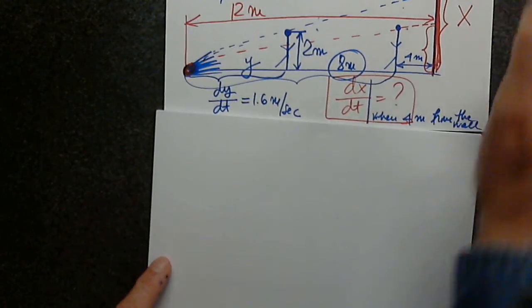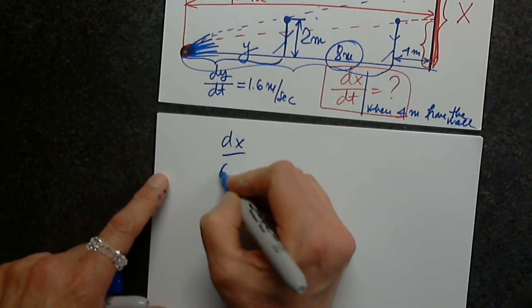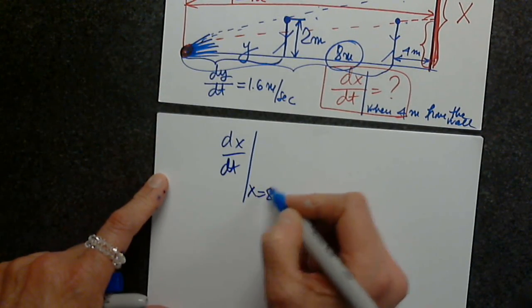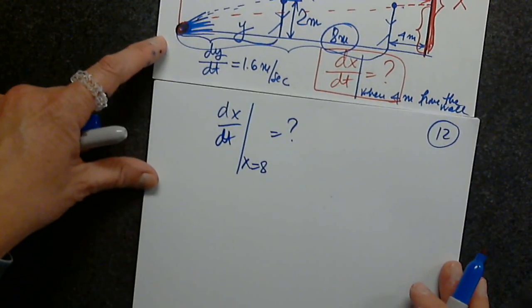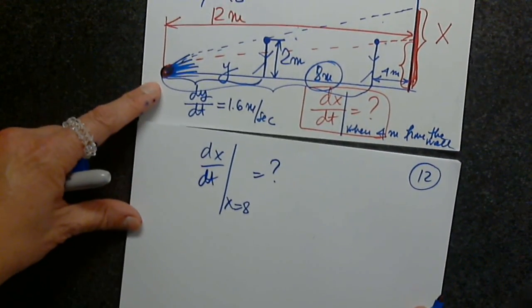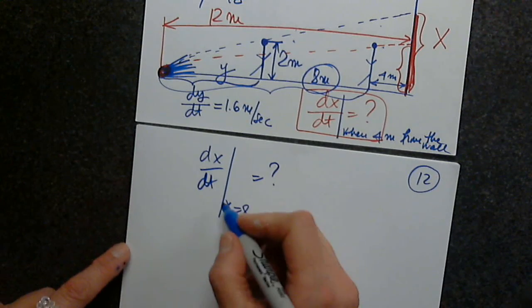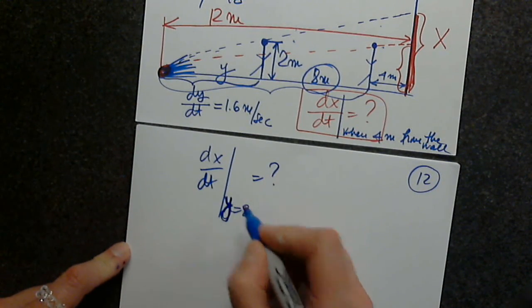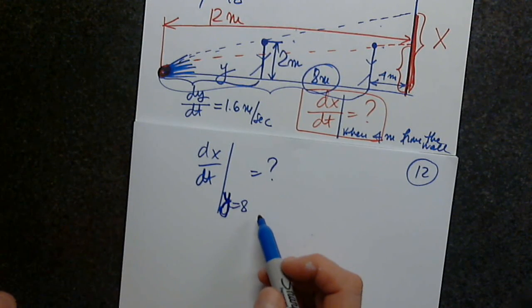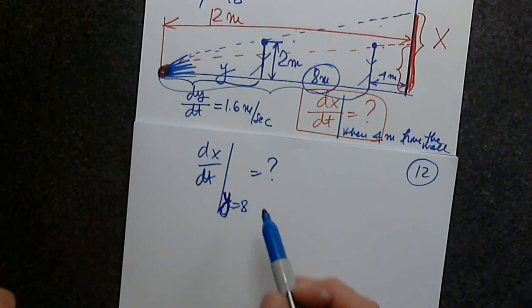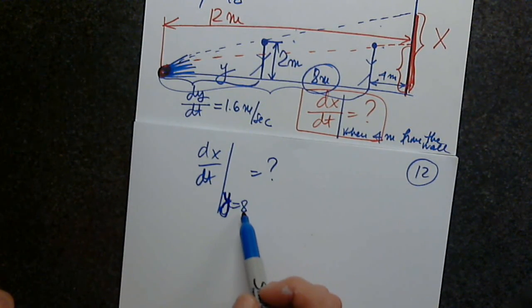So we're asked to find dx over dt when x is 8, and that's our question. Of course, y equals, yes, true. So y equals 8 indeed.